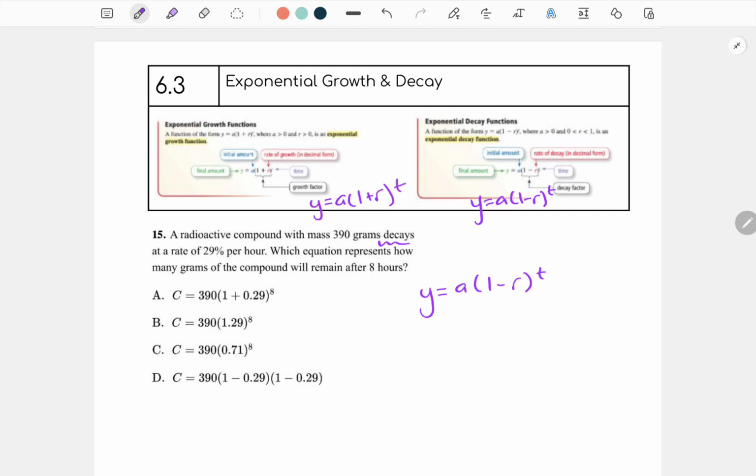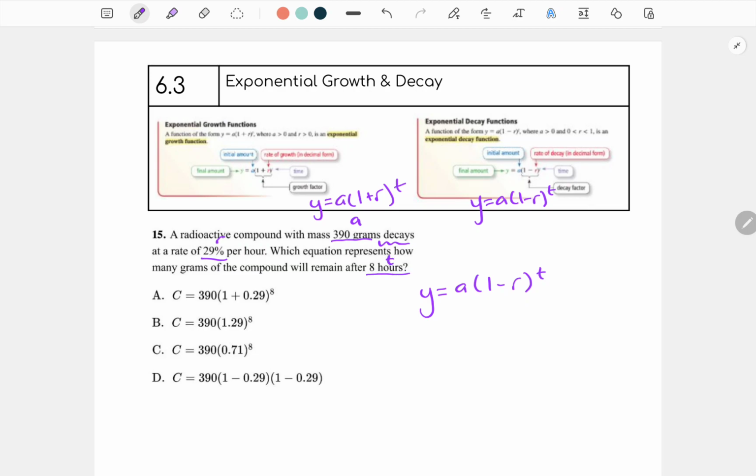Then I'm going to look for three things, right? A, r, and t. A standing for my initial amount. So my initial amount is 390. Then I'm going to look for r, which is rate, and that would be 29%. Then I'm looking for time, which is 8 hours.